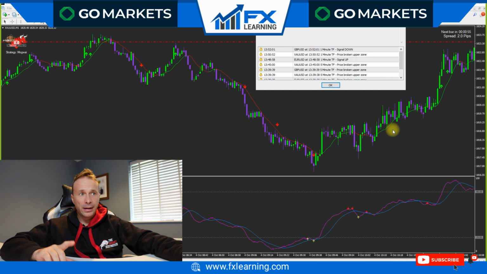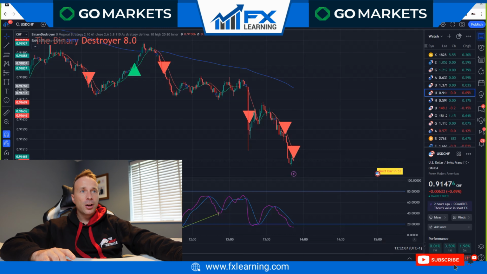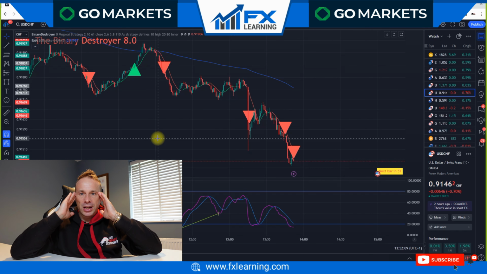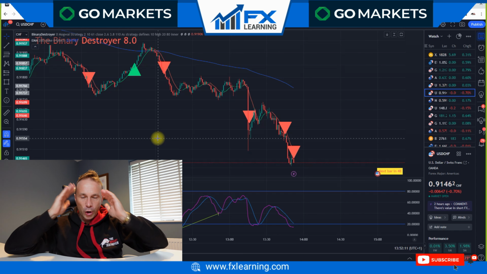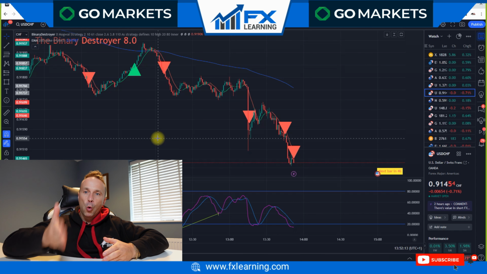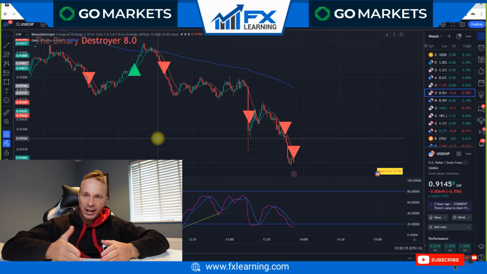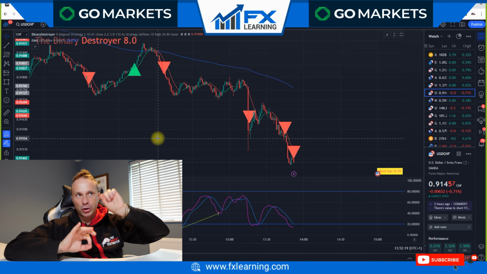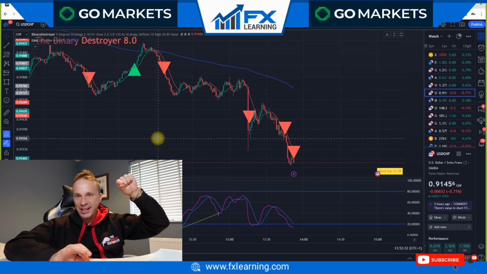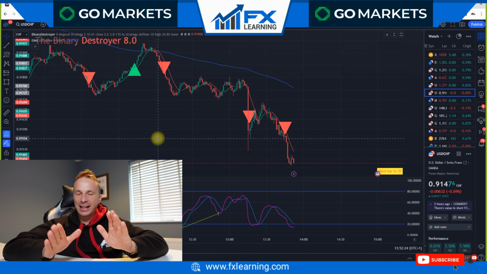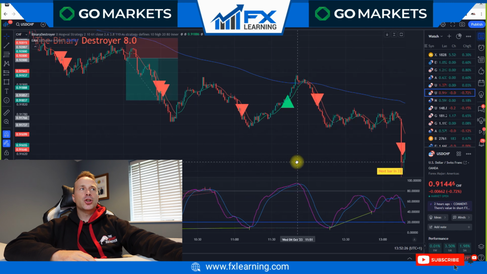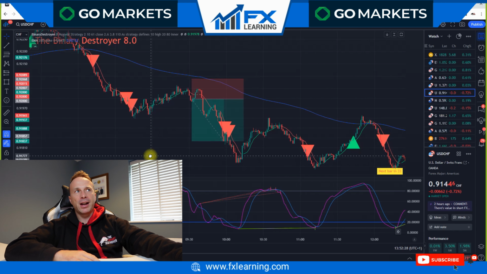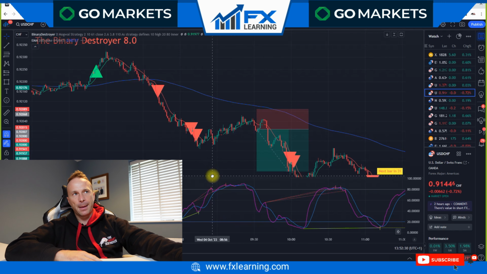This setup, if I just go over to TradingView, this strategy is by far one of the simplest 1-to-2, 1-to-3 risk reward ratio strategies using no price action, because the price action is in the rules itself. Let me give you exactly what I mean. I'm using the 1 minute time frame on USD CHF, for example.